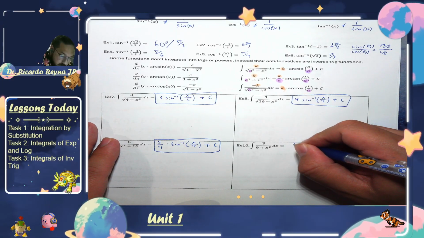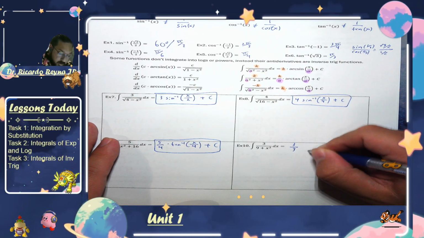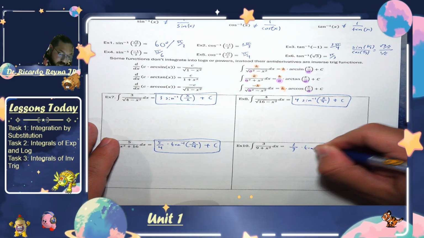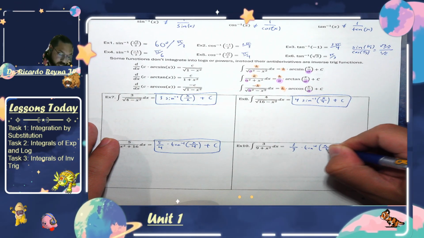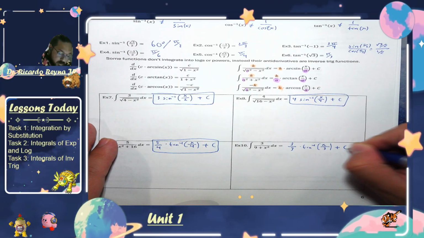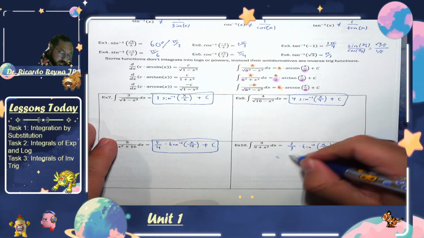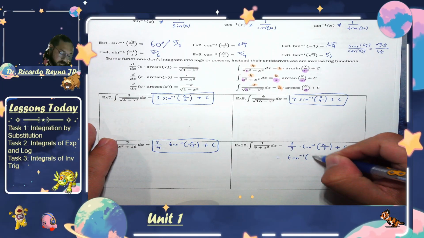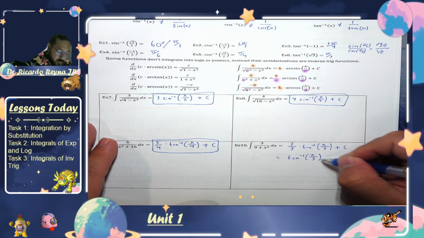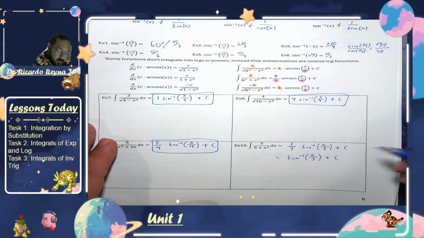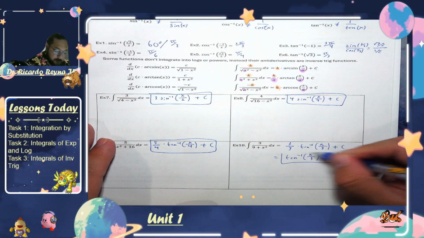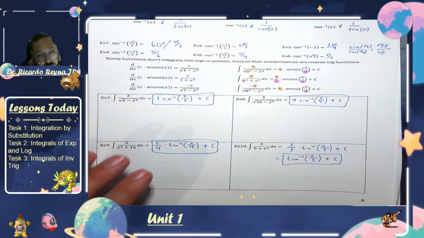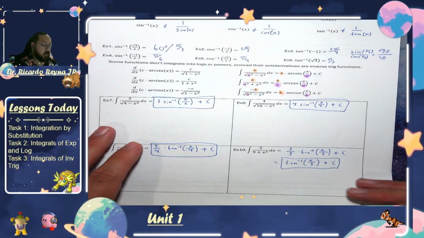And we get 3 over 3 times tangent inverse of x over 3 plus c. Which in reality, that can get simplified to tangent inverse of x over 3 plus c. So a bit of an extra step, but not a criminal step.